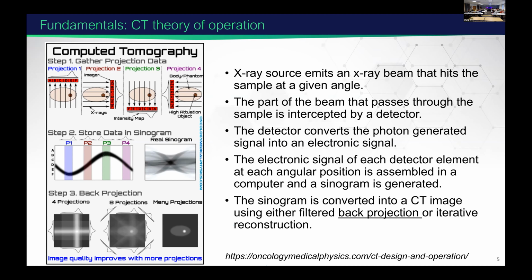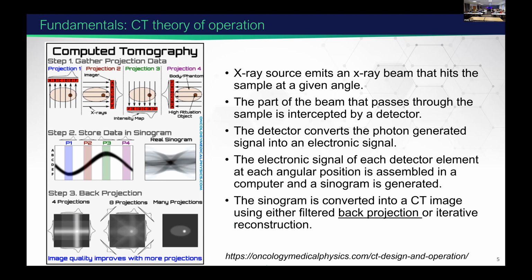The part of the beam that goes through the sample is intercepted by the detector, and the detector converts the photons that hit the detector, based on what component they went through, into a signal. That signal gets converted into an electronic signal, and then the electronic signal of each detector element at each angular position is used to generate a so-called sinogram in the computer. And these look like this.